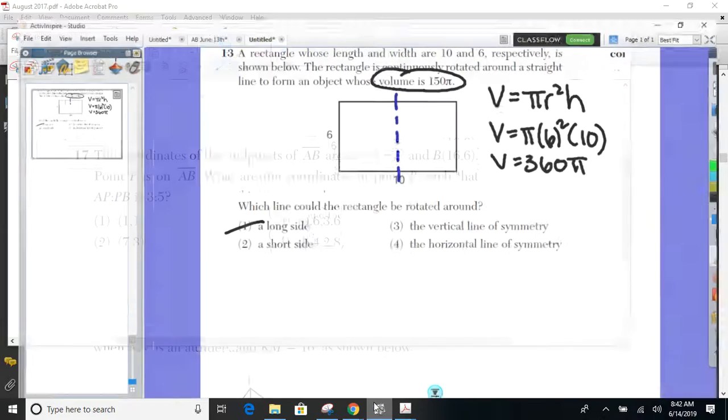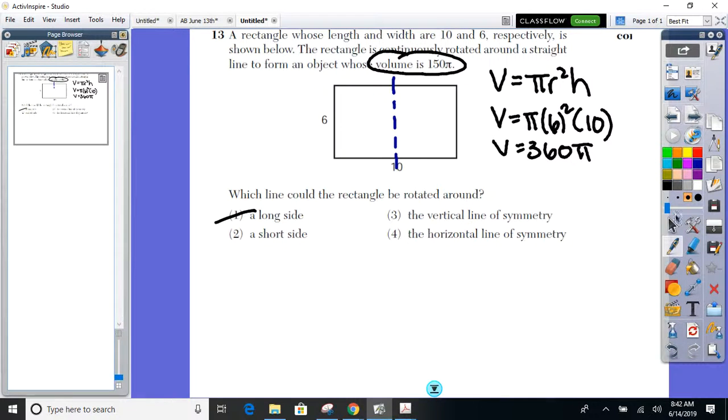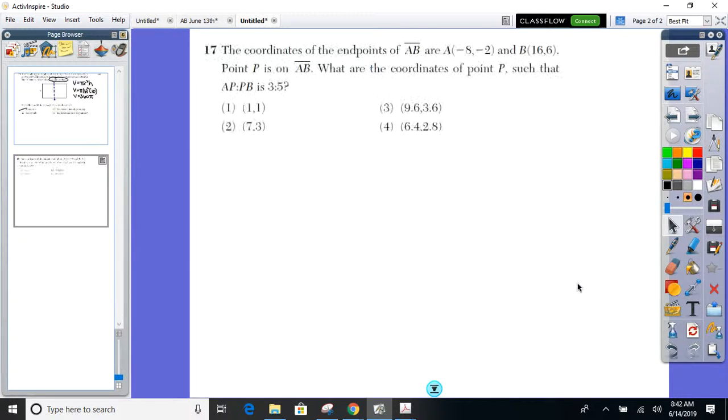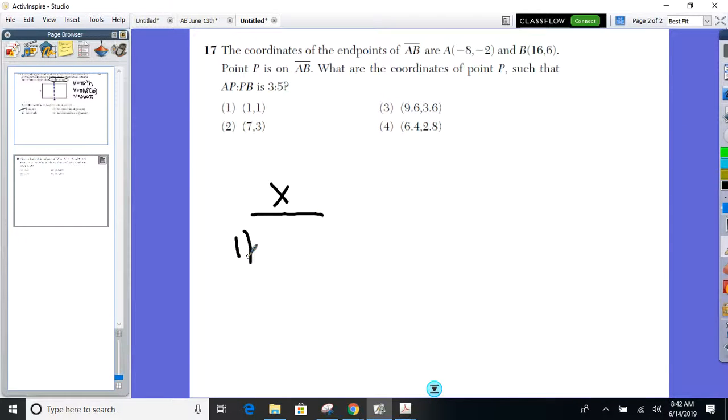Let me ask you then what you did to find the x value. Which was what? -8 and... Okay, so you went from -8 to 16. That should have been a distance of 24, right? All right, then you divided the 24 by 8.